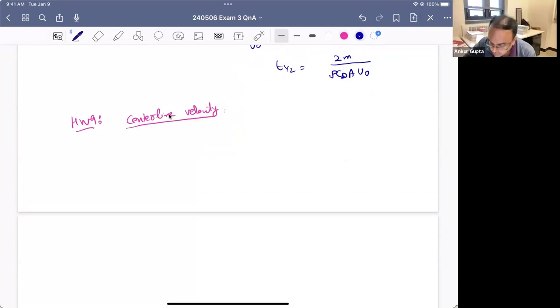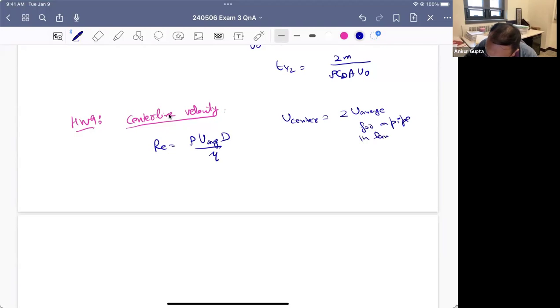So homework 9, we used centerline velocity for Reynolds number, and I was wondering, do we always use the centerline velocity? And also, is the centerline velocity always just half of the velocity in the rest of the pipe? Good question. For Reynolds number, we always use the average velocity. We don't explicitly state that, but remember you always use the U average. And the way to remember, U center is 2 times U average for a pipe in laminar conditions.